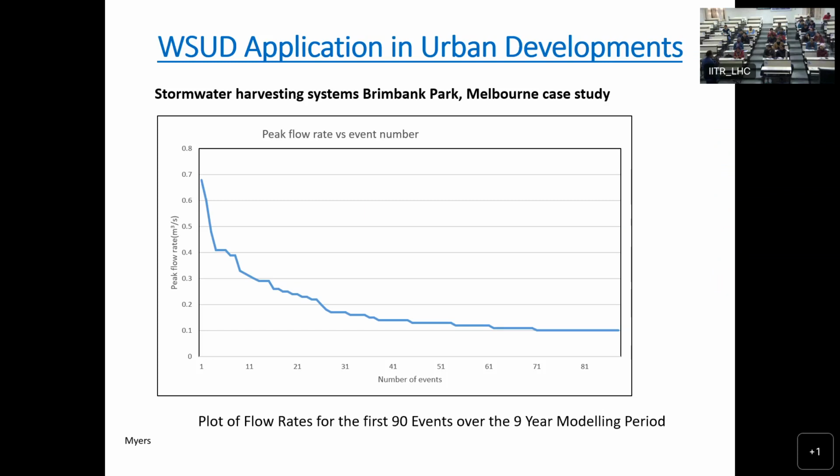Those who are interested, I will share that with you so that we can get a copy of it. The purpose of showing this is that not necessarily do you look at the peak flows every time, but also consider the economic aspect.